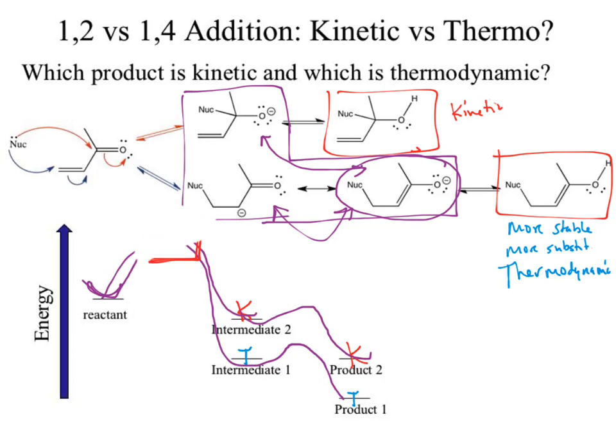When we take a look at the curve, okay, our thermodynamic, we look at our kinetic, that transition state is a little bit lower. Why? The nucleophile is going to strongly associate with that carbonyl carbon, lowering that activation energy, which then means now I have a way to differentiate between my kinetic and thermodynamic.